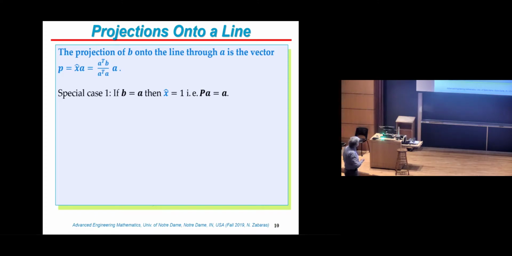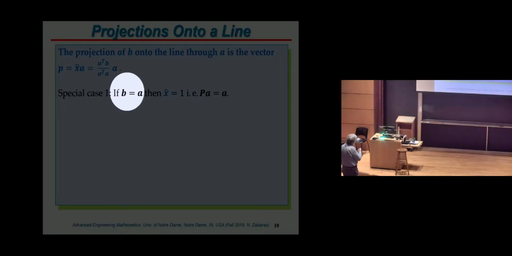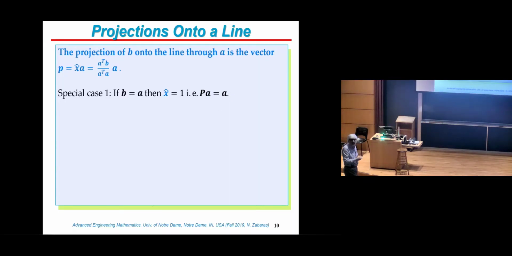So the special case: if B is equal to A, then x hat is equal to 1. When you project something that's already on the line, you get back what you started with. So the projection matrix, which I have not written down explicitly yet, would in this particular case be the identity matrix. All right.